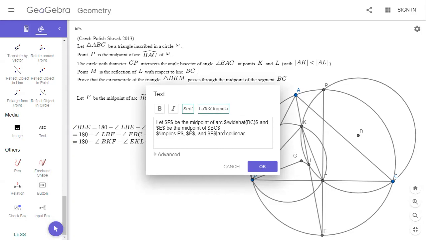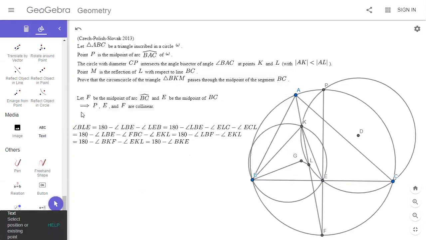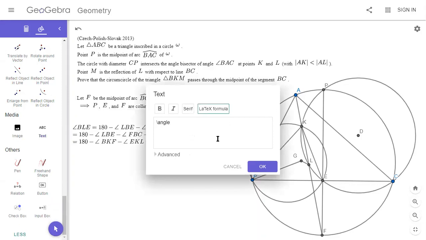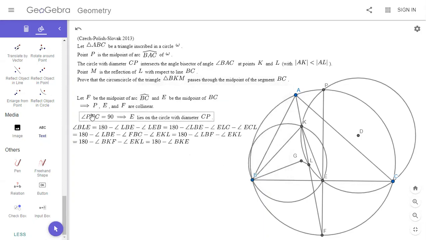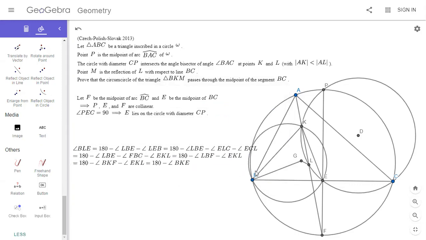All right, so P, E, and F are collinear. So E lies on the circle with diameter E. Okay, and then I'm going to say let G be the circumcenter of triangle KBE.